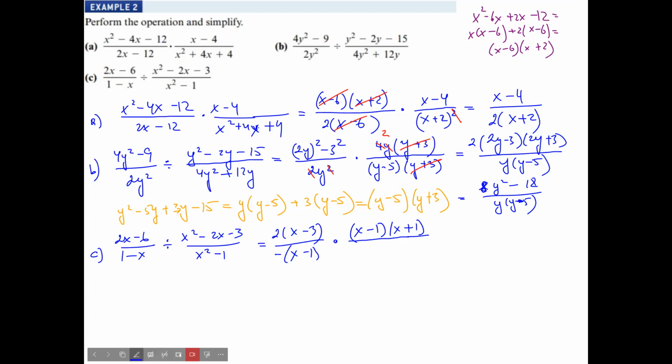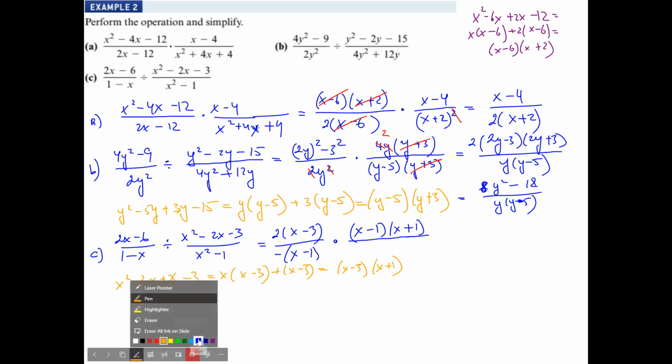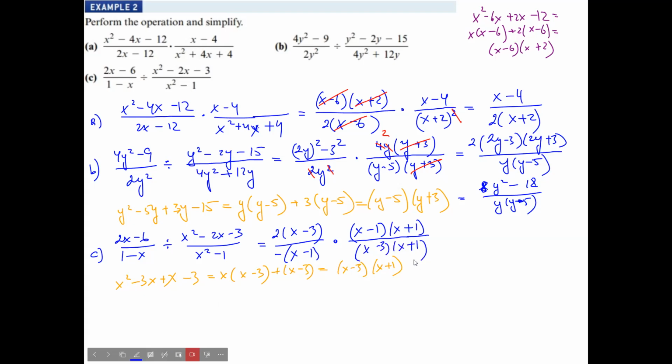And the other expands, factors like that, actually. This one, 3 is not a perfect square, but 1 times 3 will do the job. So I have x squared minus 3x plus x minus 3. What I have, x times (x minus 3) plus (x minus 3). And as a result, I have (x minus 3)(x plus 1).